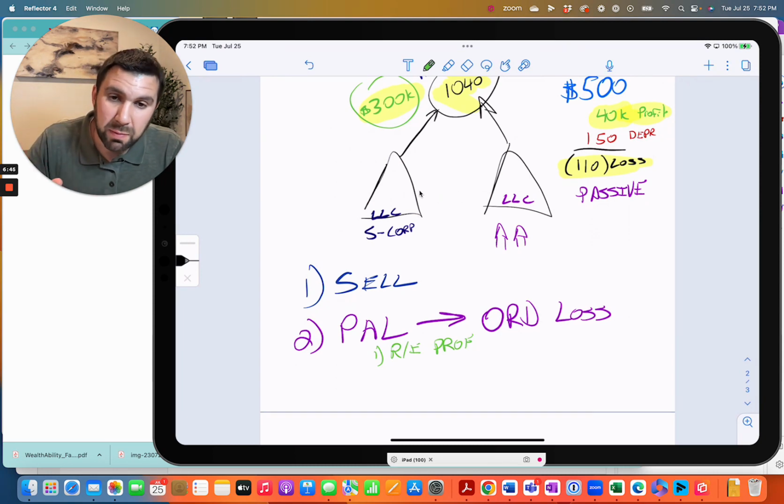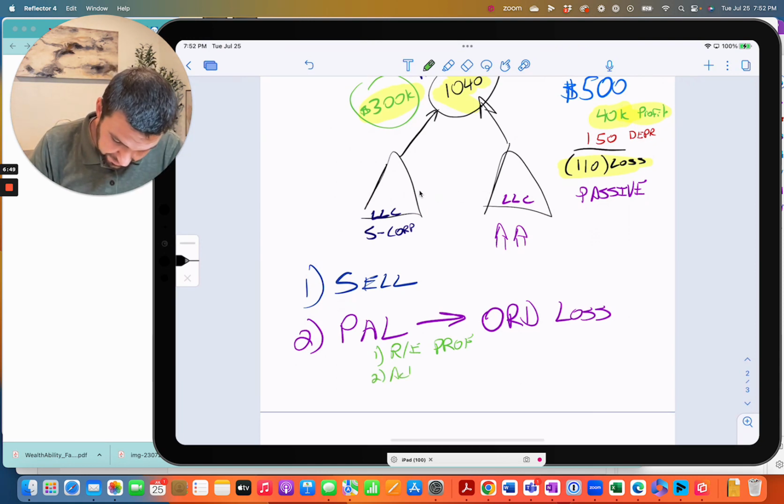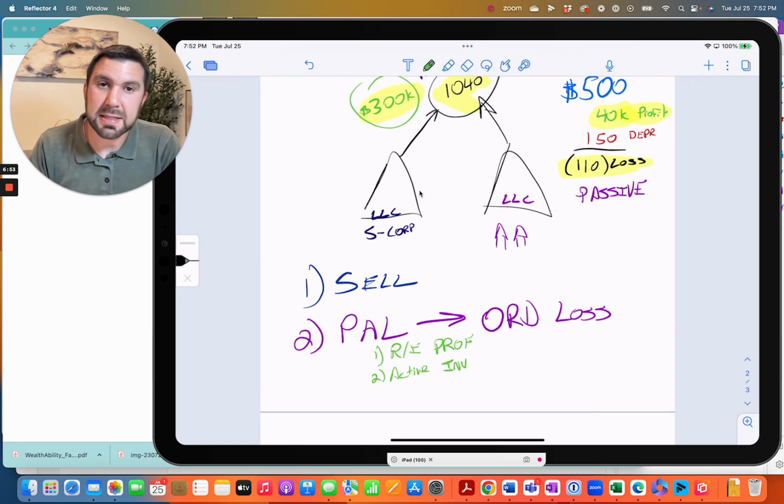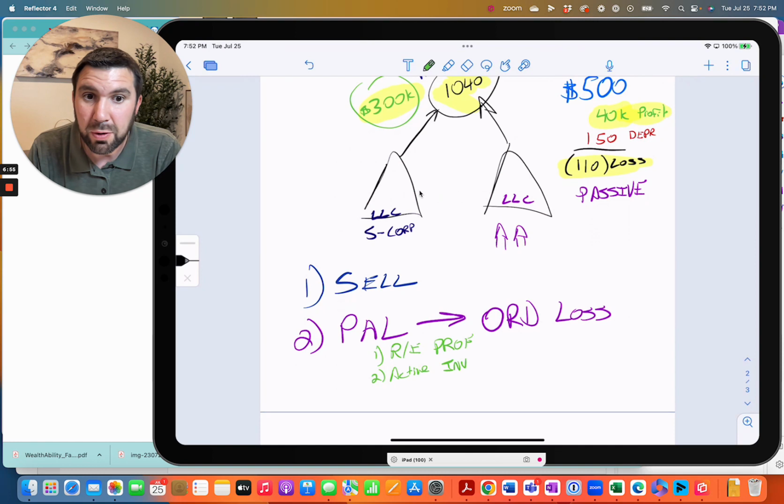So that's one way. The other one is something called an active investor. And this is much easier to qualify for. You just have to be involved in the business and be doing something active in it. And most people can cross that threshold.